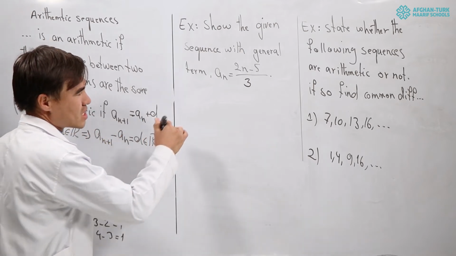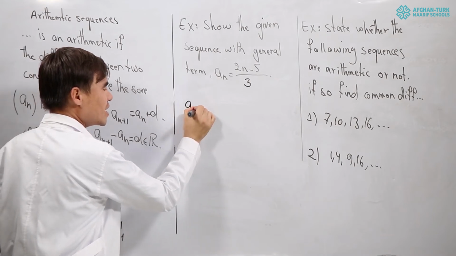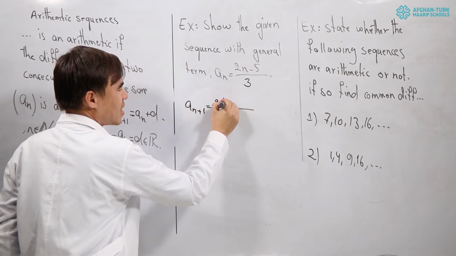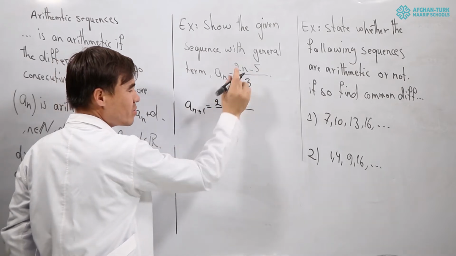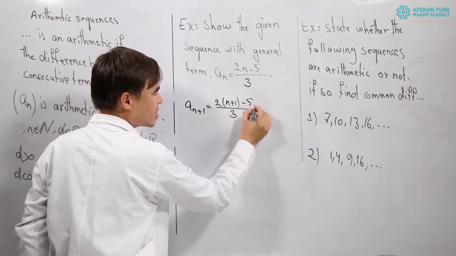Let's start solving. First, we must find a_(n+1). Instead of n, we must write n plus 1: (2 times (n plus 1) minus 5) over 3.